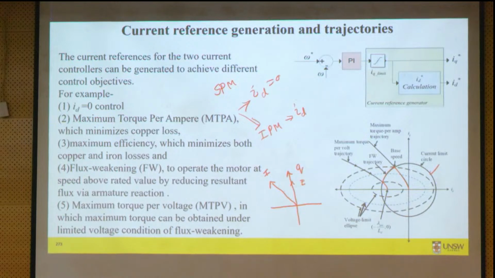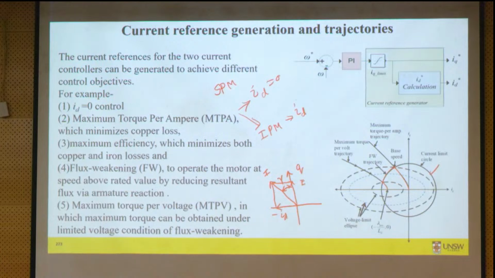Okay, and the angle between current and back EMF is, as we defined previously, the gamma angle, right? Current angle. So this gamma angle is not 0 in IPMSM. Okay, in SPM, gamma angle is 0, so I and E are in phase. That's why we don't have an ID component. But in IPM, we will have a negative ID current. Okay, because gamma is not 0.